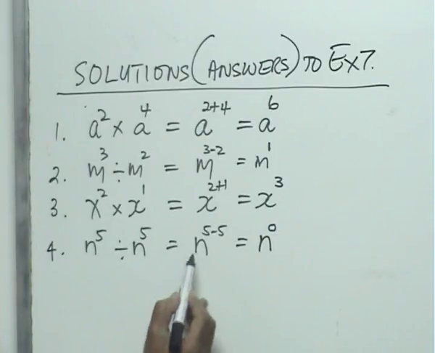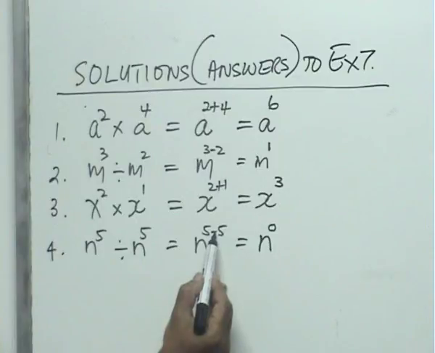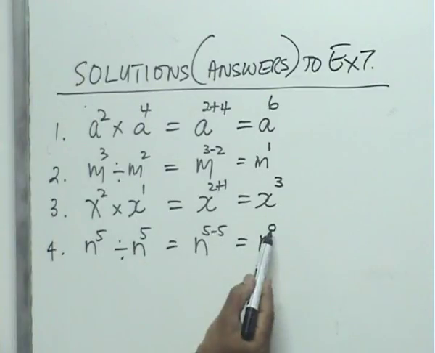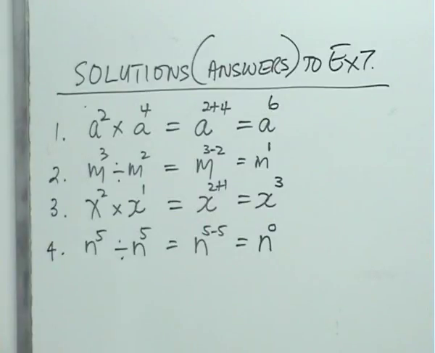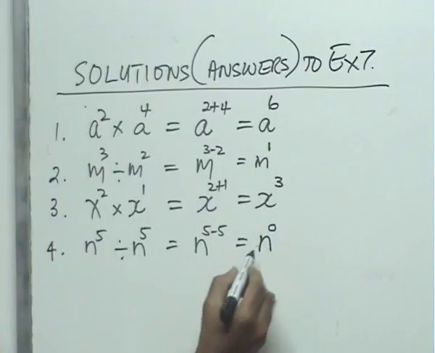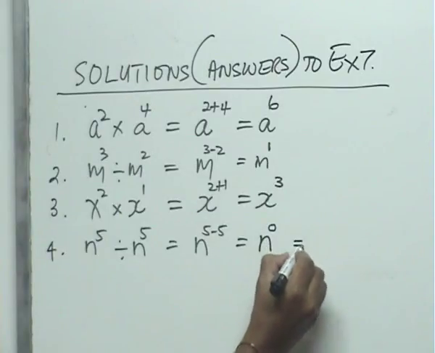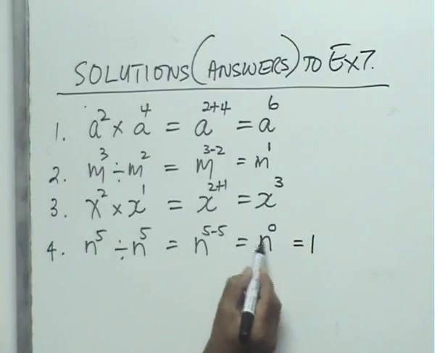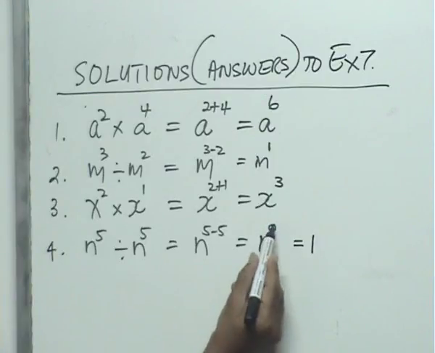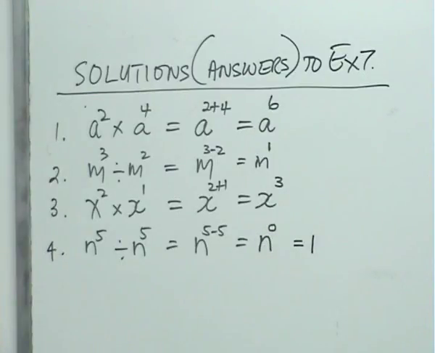So I'll repeat, n to the 5 minus 5. 5 minus 5 is 0. You must write down that 0. And while we're here, now n to the 0 is equal to 1. Any number or any letter to the 0 is equal to 1. I'll do a little reminder for you at the end of this exercise about that.